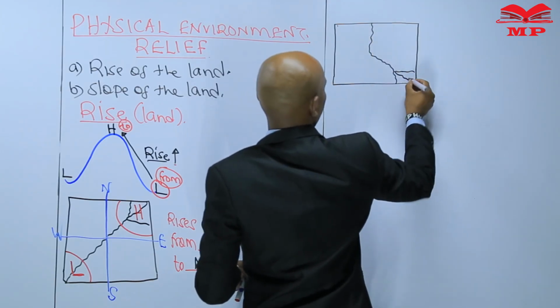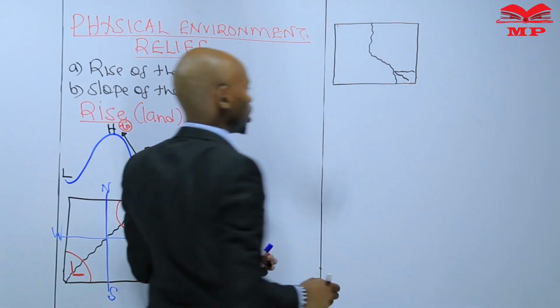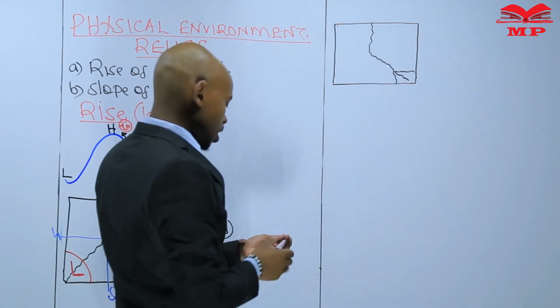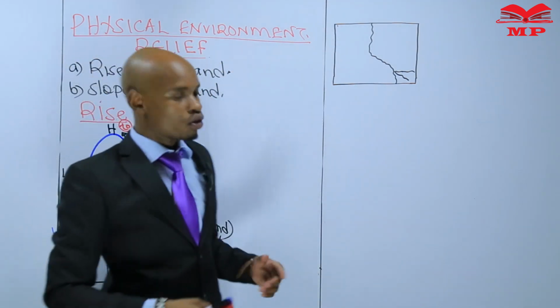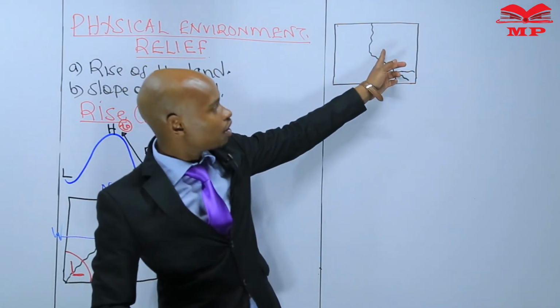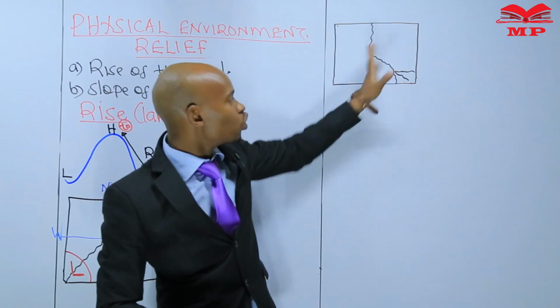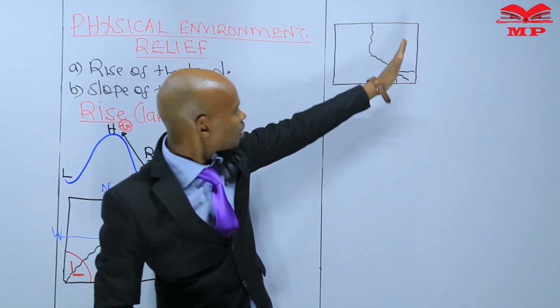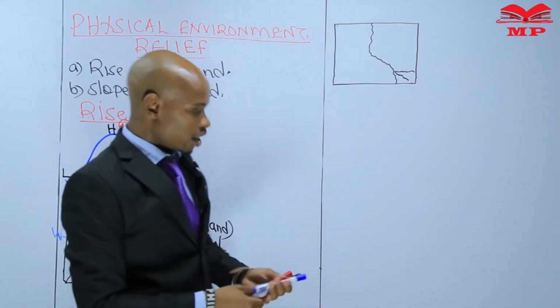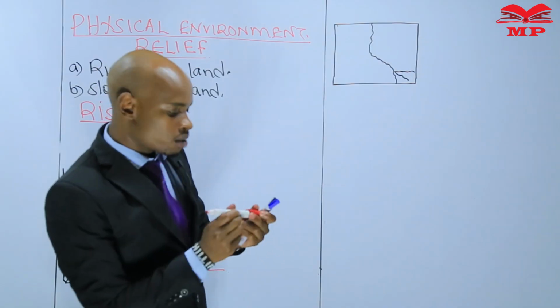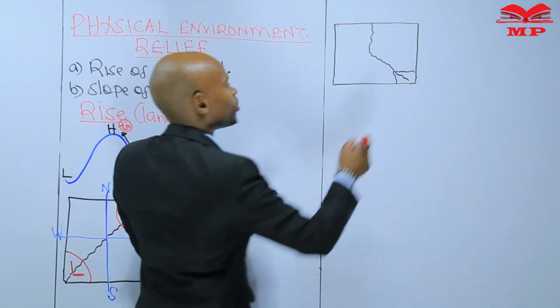Our river, this is our river now. That is our river. And I have explained, and I want to repeat again, that the river is the feature in a map that will help you know where is the highland in this area, where is the lowland. And in that respect, the river starts from a highland.